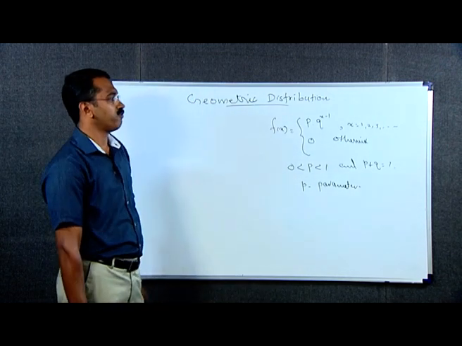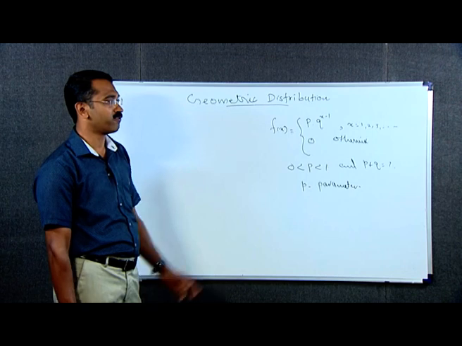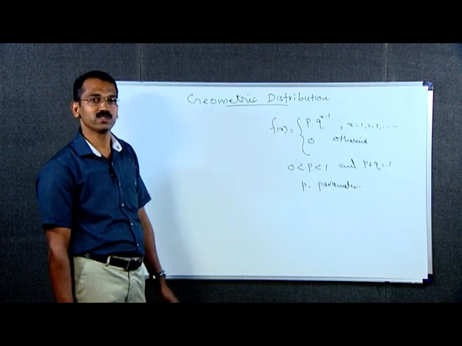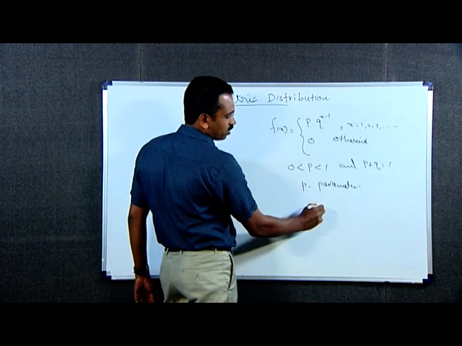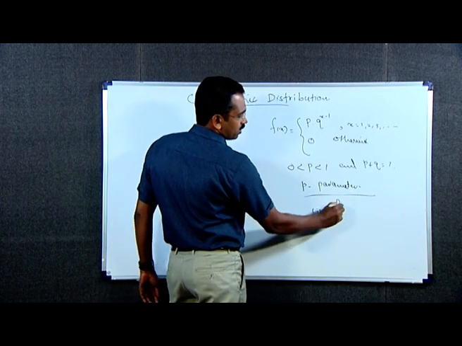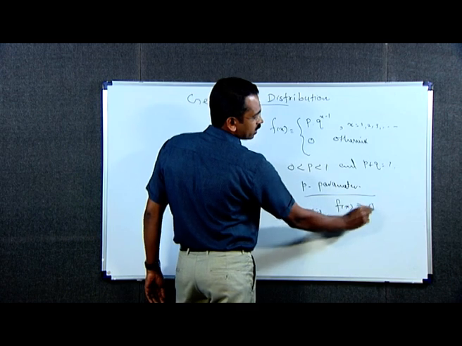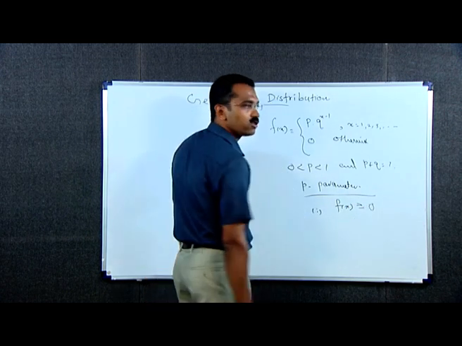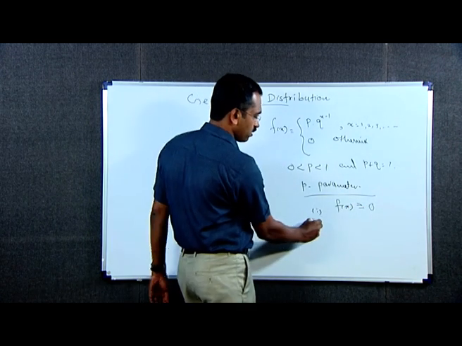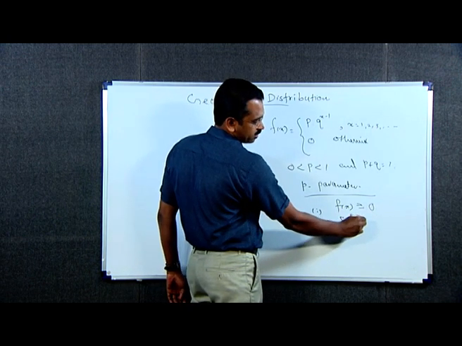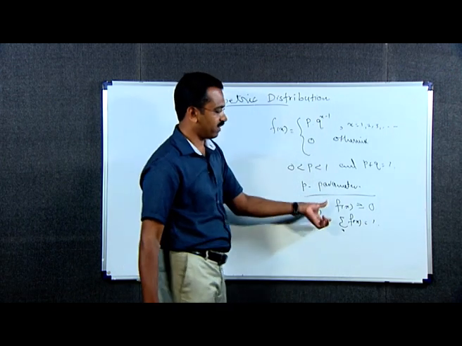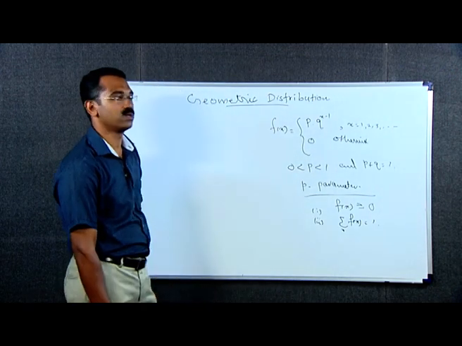We know that a function is a probability mass function if and only if two conditions hold. First, f of x is greater than or equal to 0 for all values of x, and second, summation over all values of x, f of x is equal to 1. Now we can verify these two conditions.